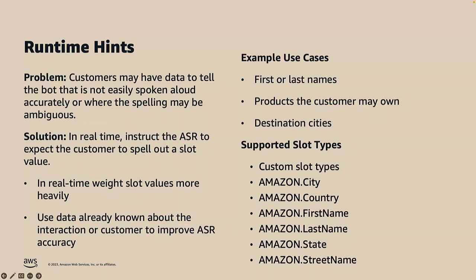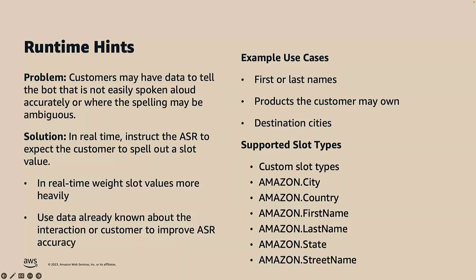And runtime hints allows you to do that. So at runtime, it allows you to provide slot values when you're expecting, and eliciting, a slot from a customer. Those values that you're expecting can be from the interaction thus far.